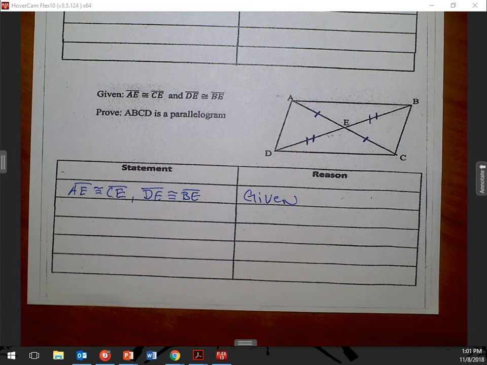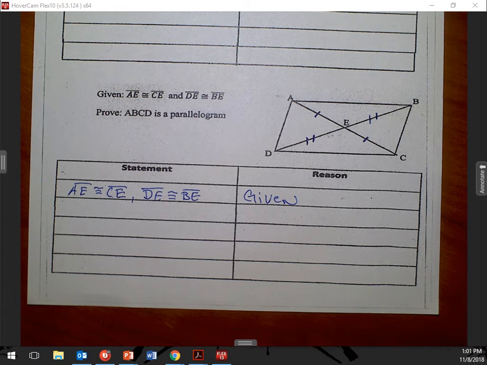Now, this one right here should be easy to spot. You should see this every time. Parallelograms, the definition. There's something you have to look at to see. The X. Very good.